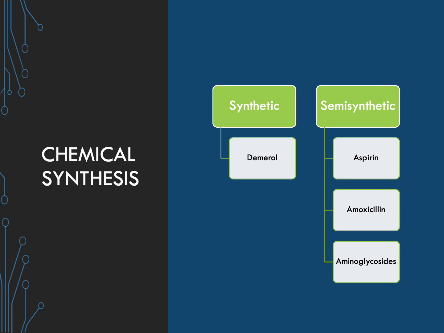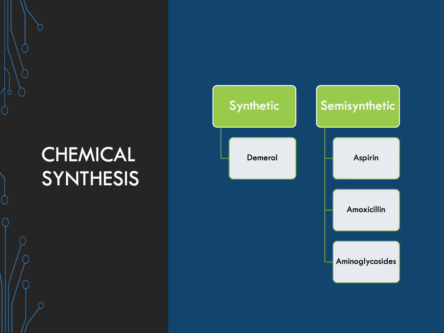Synthetic drugs such as the pain-relieving drug Demerol are created or synthesized in the lab by only using laboratory chemicals. Aspirin is a good example of a semi-synthetic drug. It is derived from a natural substance called salicylic acid.